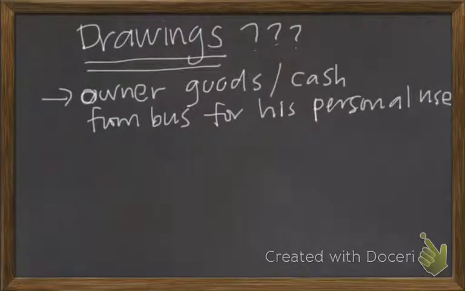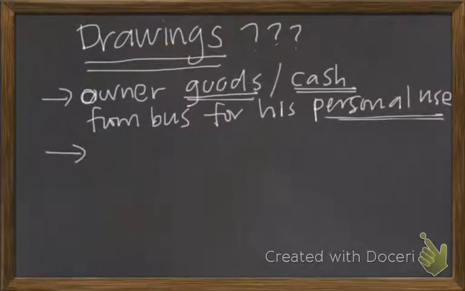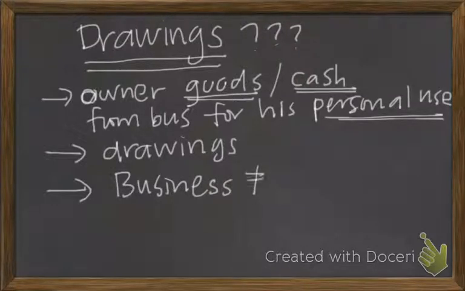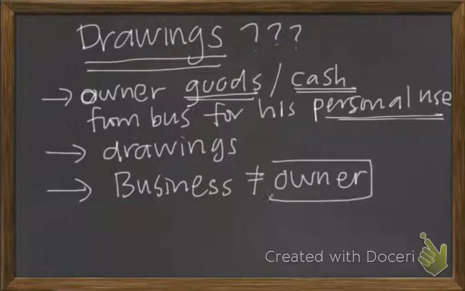When an owner takes out goods or business cash for his personal use, we need to record this transaction as drawings. Remember, as we learned in the business entity concept, the business is a separate entity from the owner, so whatever goods or cash the owner wants to take out from a business, we record in the T account.